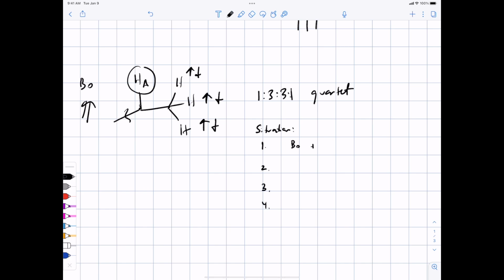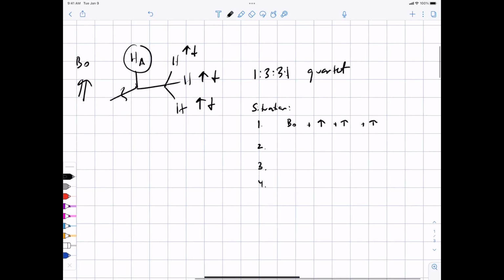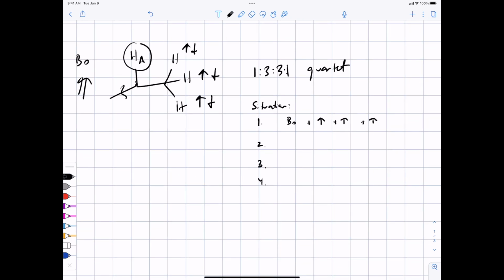The first is the proton experiences all 3 adjacent ones aligned with the external magnetic field. The other is it experiences all 3 against. And then you've got these 2 intermediate possibilities, let's say up, up, down versus down, down, up. It turns out there are 3 ways to do each of those. Yep, good. What else?